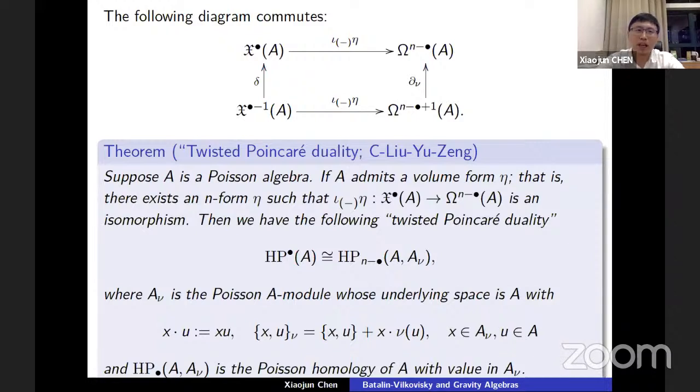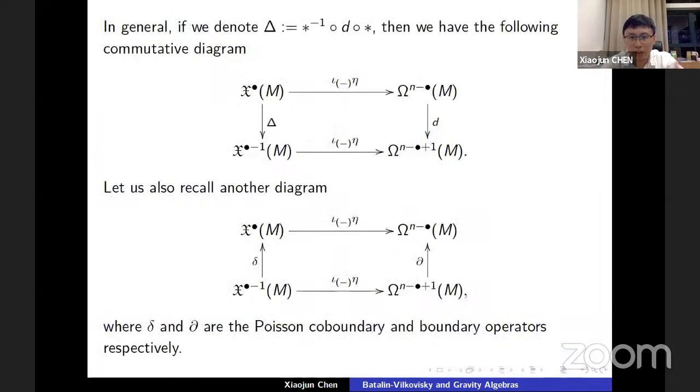Now we have the following diagram. With this extra term, we have the following diagram, which is commutative. The original diagram we introduced here had a discrepancy.